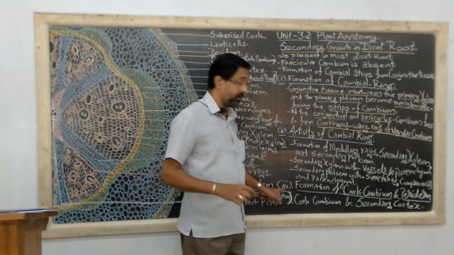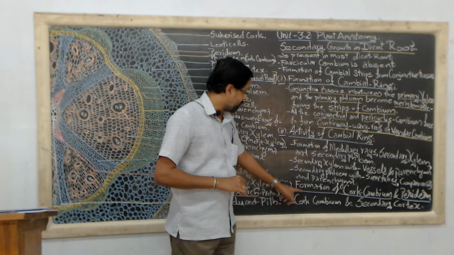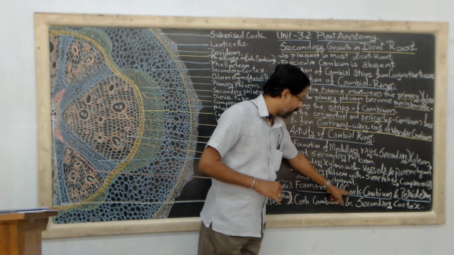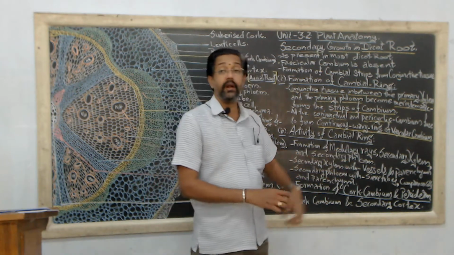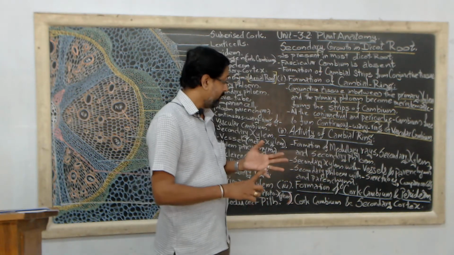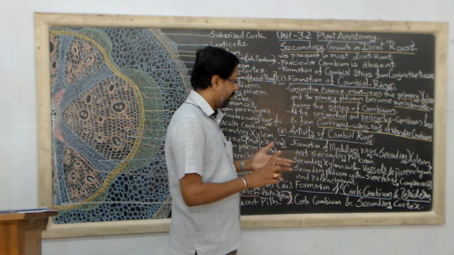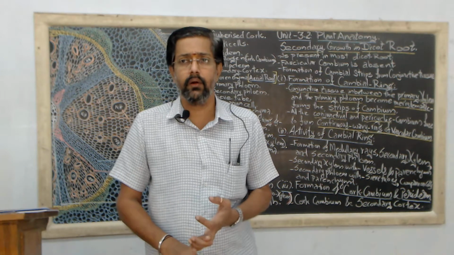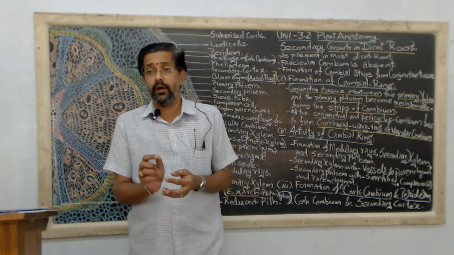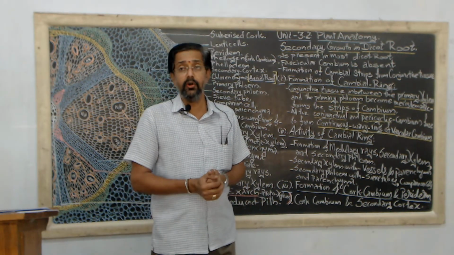And coming to the third process, here we can see the formation of cork cambium and periderm. Here and there in roots, lenticels may also develop.